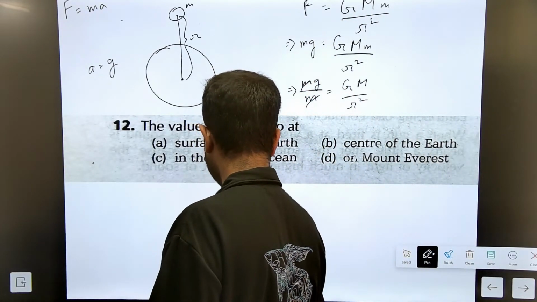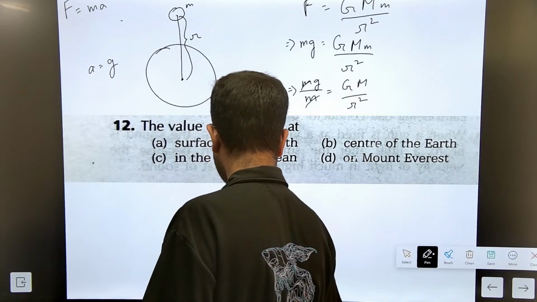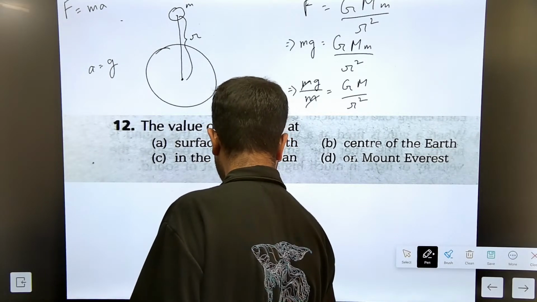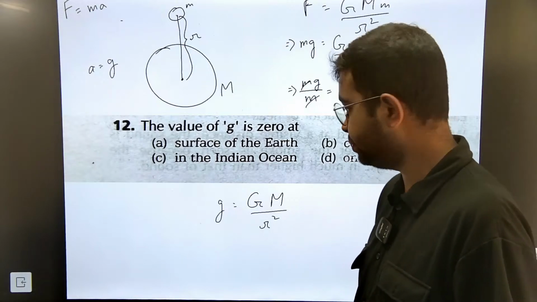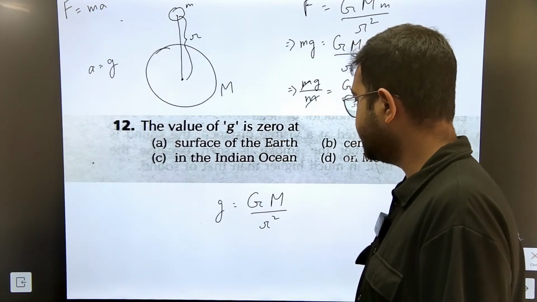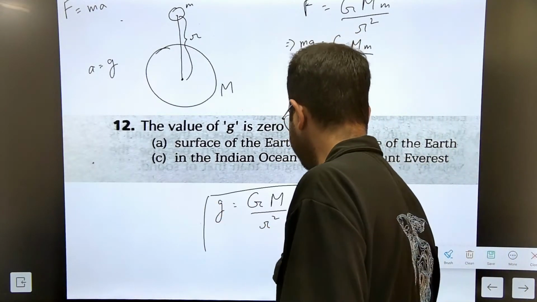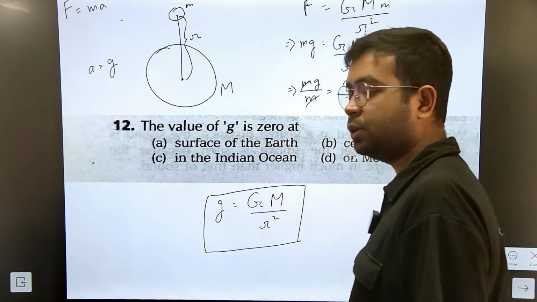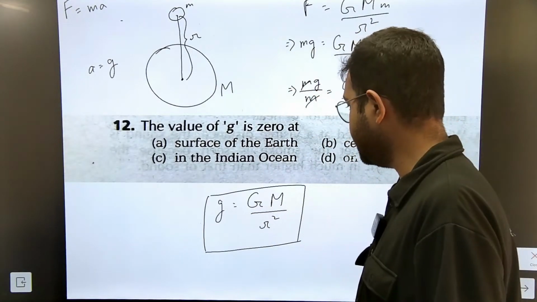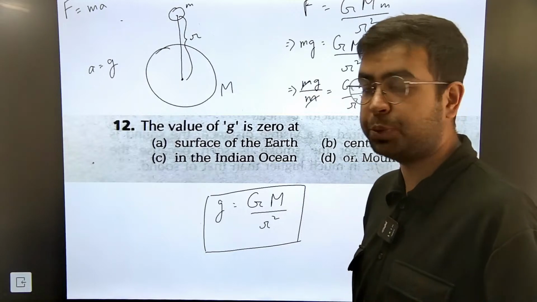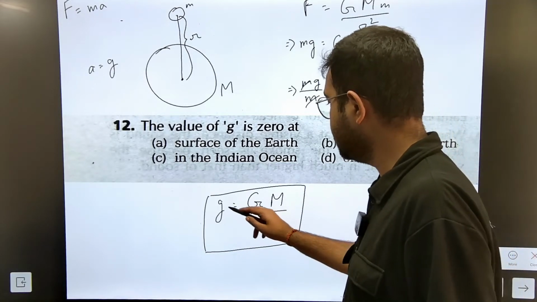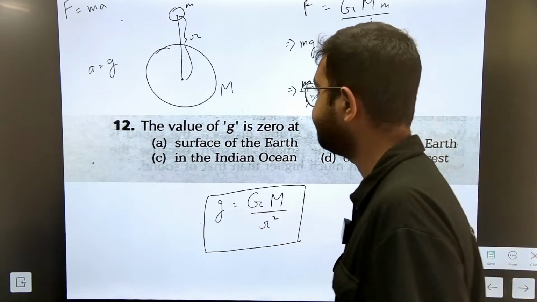Small g equal to GM by r square. This is the formula for small g. This is how you calculate small g, acceleration due to gravity. Now let's see at which point this g will become 0.